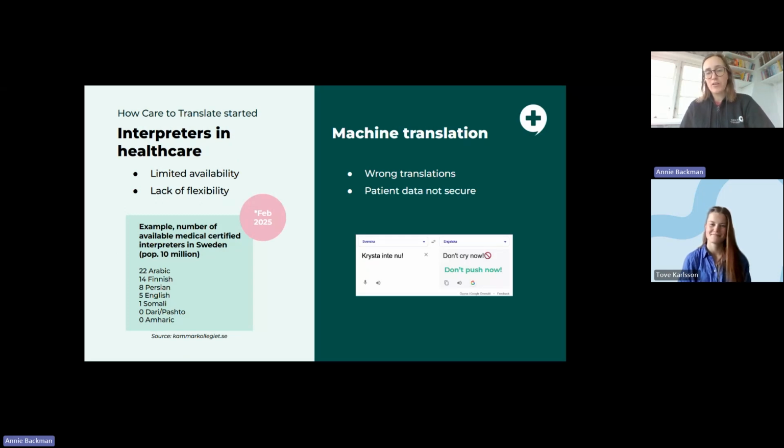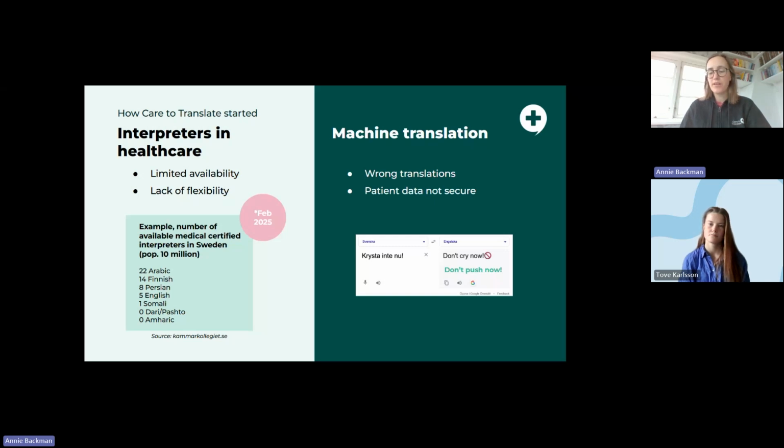When a patient comes to the hospital, there is a short while when you can speak with an interpreter. It is usually not there from the start if it's an emergency, and there is a lot of communication going on around that time when the interpreter is not there. And then you're left to other ways of communicating, for example, machine translation and other less secure ways of communicating.